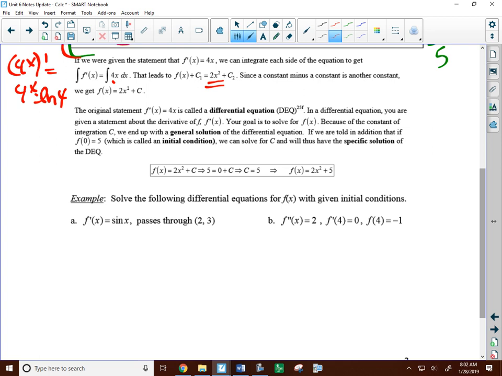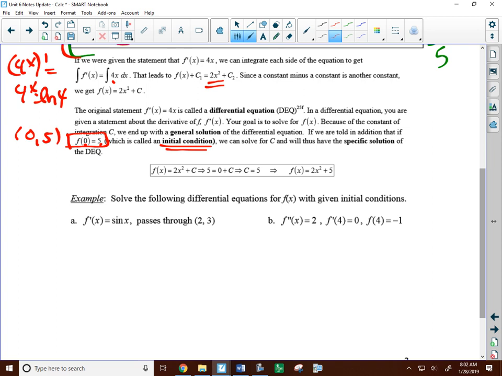Well, if they actually give you an initial condition, like when x was 0, y was 5, so f of 0 equals 5, that's the point (0, 5).